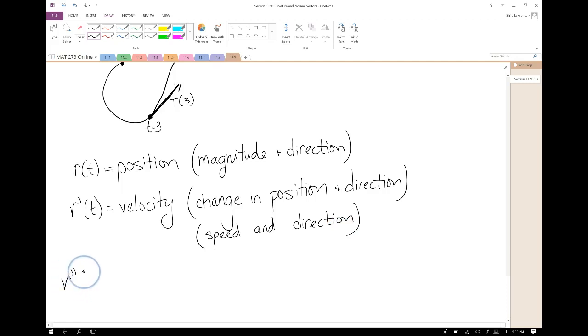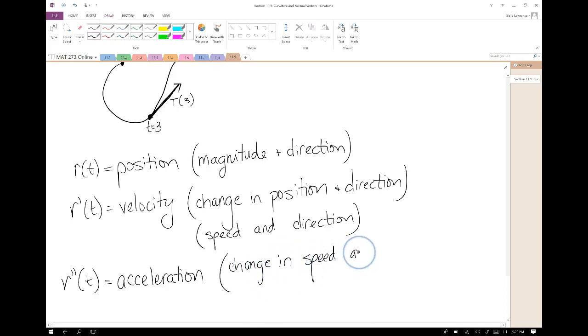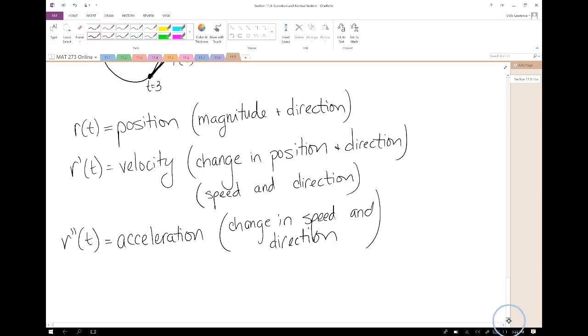That means r double prime of t, if we keep on this theme of change, r double prime represents acceleration, and it's telling us how r prime is changing. So it's telling us change in speed and direction. So really, acceleration can be broken down into 2 pieces.